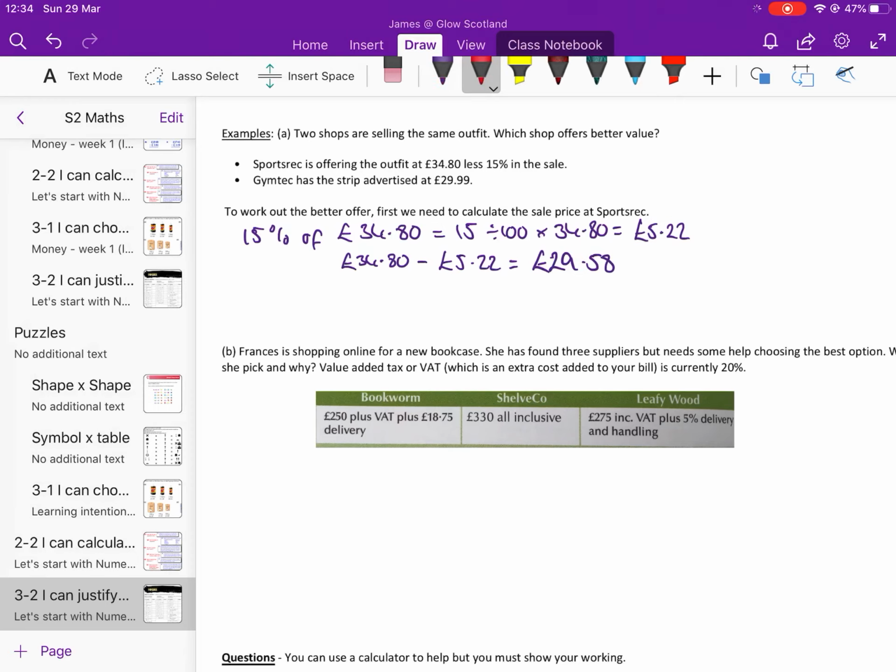Now we can compare: this is the cost here, £29.58 at Sportsrec. Gymtech are offering it at £29.99, so Sportsrec is cheaper. It's better value for money at Sportsrec.